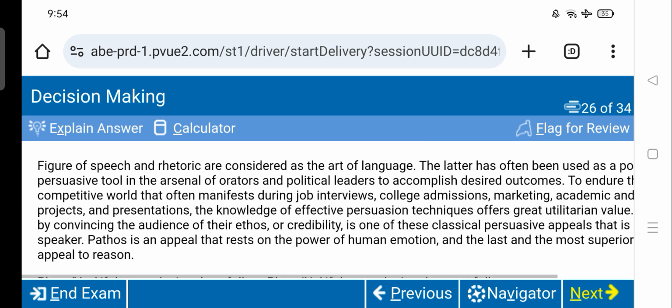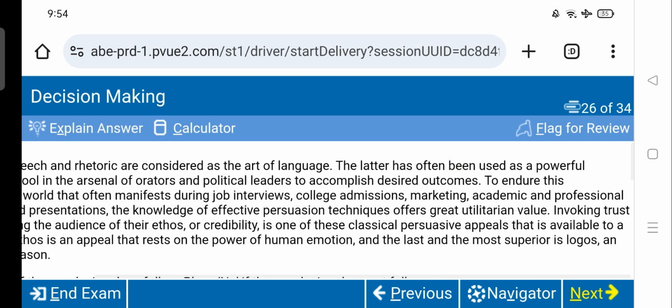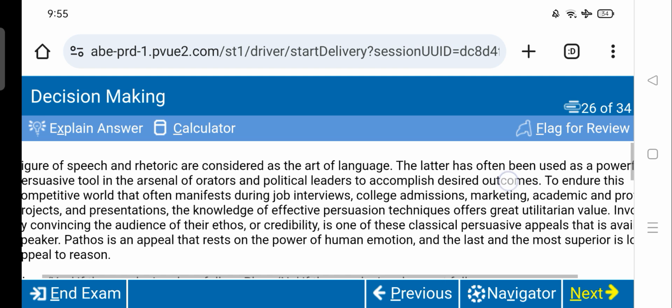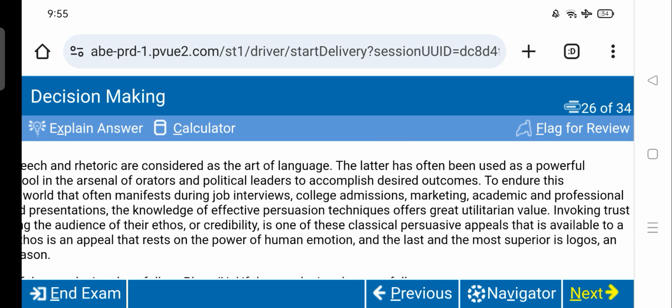Figure of speech and rhetoric are considered as the art of language. The latter has often been used as a powerful persuasive tool in the arsenal of orators and political leaders to accomplish desired outcomes.